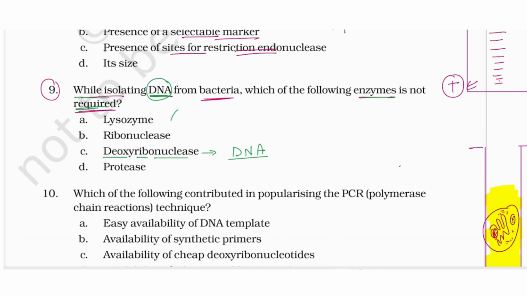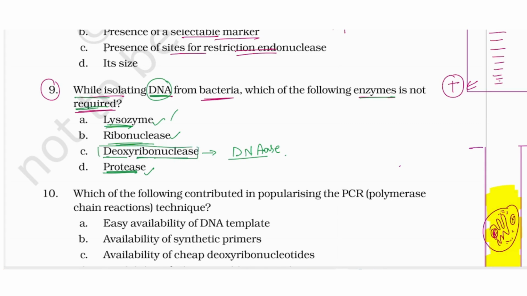DNase, right? Protease would be there, lysozymes would be there, ribonucleases would be there. We should degrade all of those, but we don't want to degrade the DNA with the DNase, deoxyribonuclease. So this is the full form of DNase, deoxyribonuclease. We will not use this.